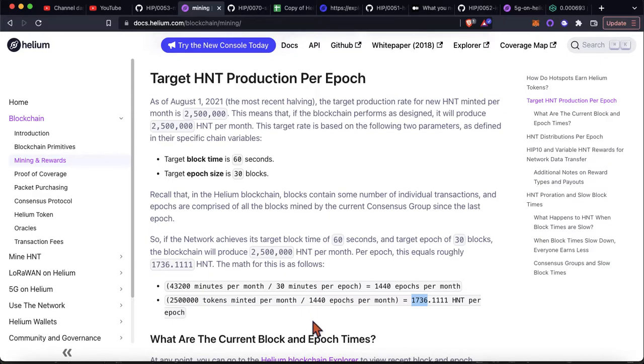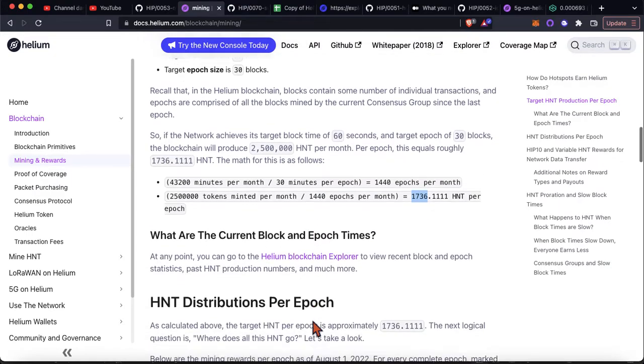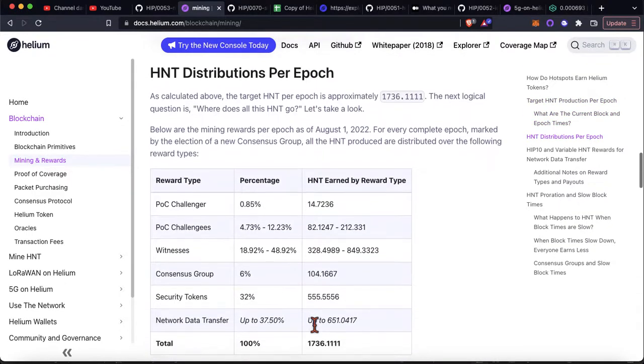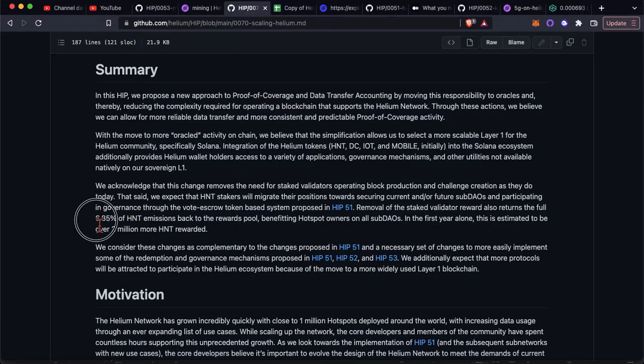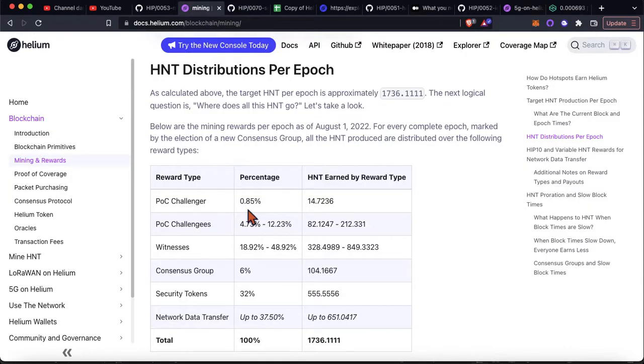So how much of that actually goes to miners? For that, let's come to the distributions. With the update to HIP 70, we know that the 6.85%, which is the challenger and consensus group rewards, are going to be given back to the mining pool. So now we just have to take out this 32% for security tokens.